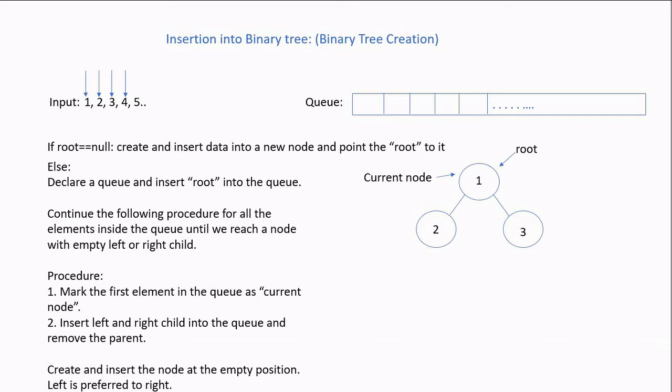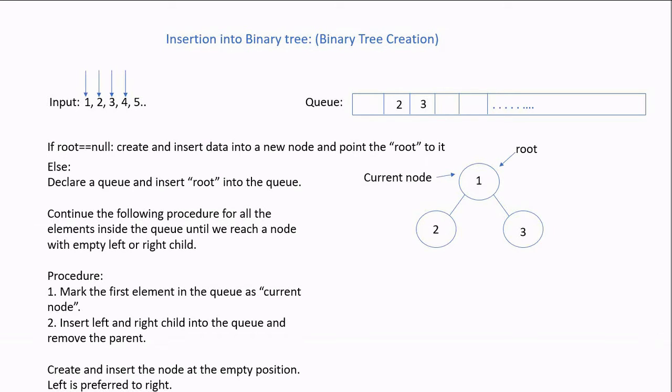While inserting 4, we need to consider the root node, whether it is present or not. Yes, it is present and it is not null. So we need to insert that into the queue. And we need to check whether the frontmost element in the queue has both left and right child or not. Yes, both are present, so go ahead and insert both of them into the queue. After inserting all the children of the current node into the queue, we need to pop it out.